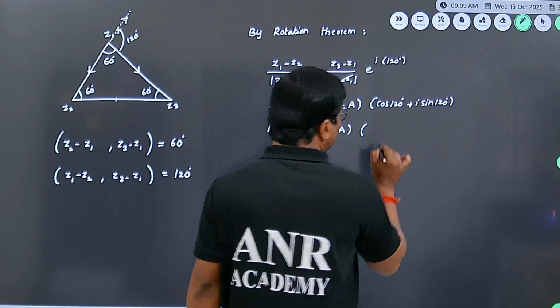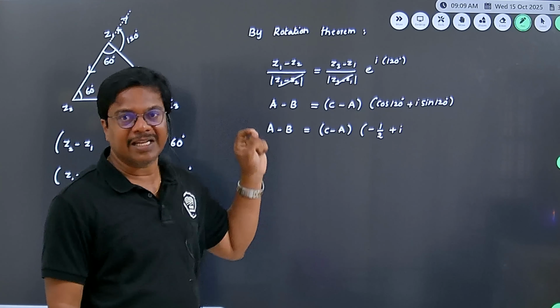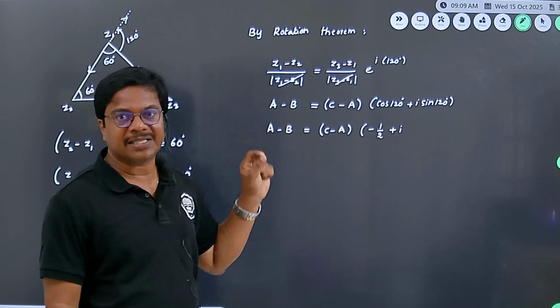Next, plus i sin 120 degrees value. You can write 120 degrees as 180 minus 60, so what we get is i root 3 by 2. Now you can write A minus B equals C minus A times, this is clearly omega.